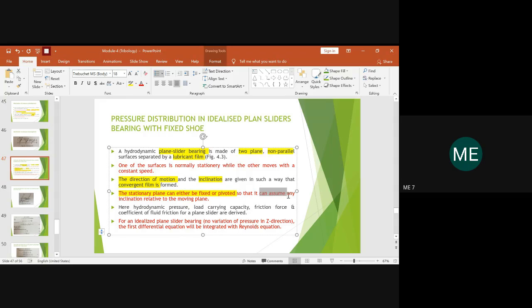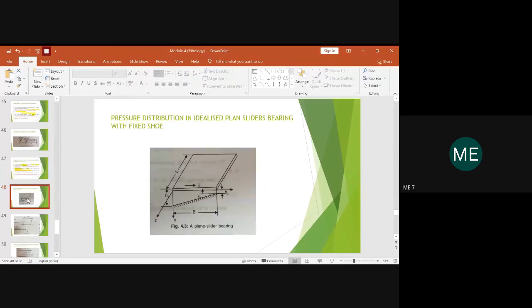Because it can be assumed that any inclination you get will be relative to the moving plane. Once it is fixed, pivoted, or constrained at a particular degree of freedom, it will get the relative motion based on the movement of the moving surface, because it will not have any velocity here, since this plate is stationary. It is fixed or it is pivoted.